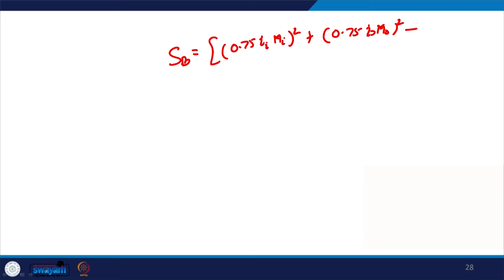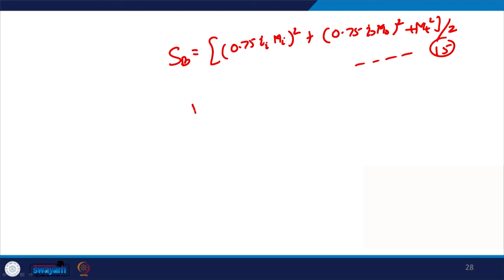So, the value of SB can be found by this equation, that is SB is equal to 0.75 Ii square plus 0.75 Io square plus MT over Z, and that is equation number 15.